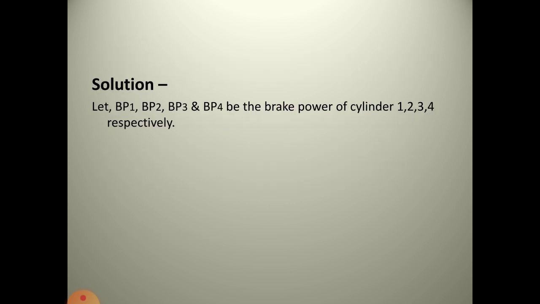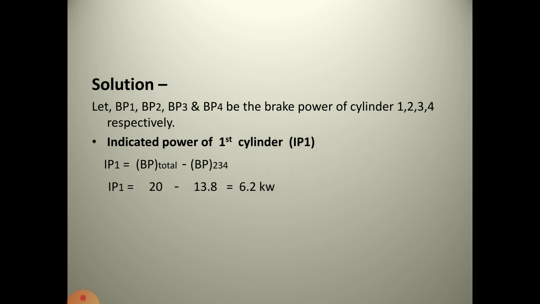So here is the solution. Let's start the solution. Let brake power 1, brake power 2, brake power 3 and brake power 4 be the brake powers of cylinders 1, 2, 3, 4 respectively. First we are going to find the indicated power of the first cylinder, designated by IP1.